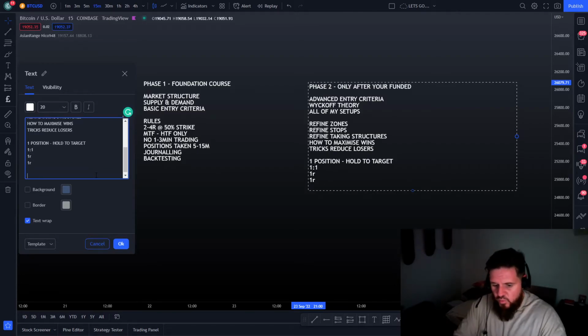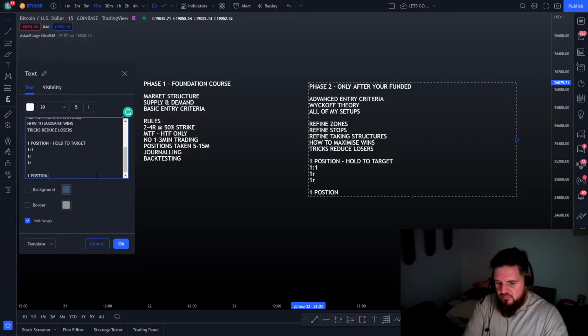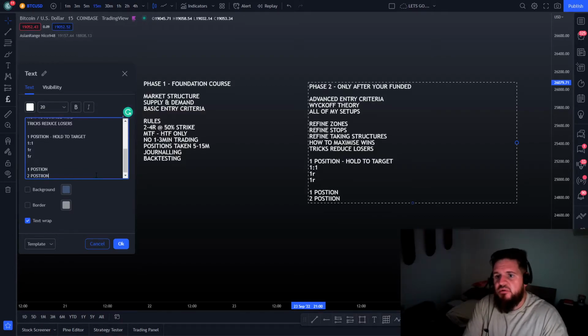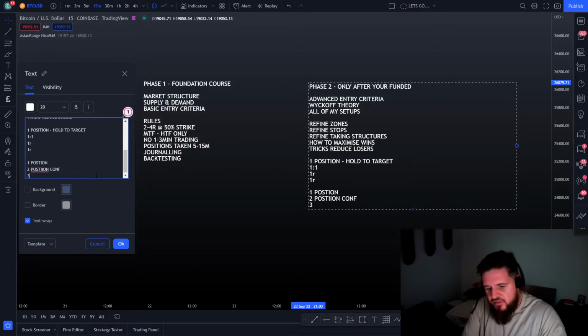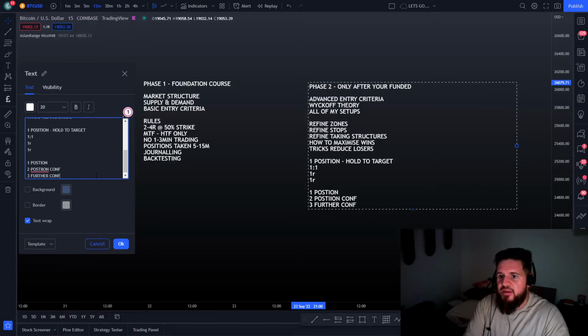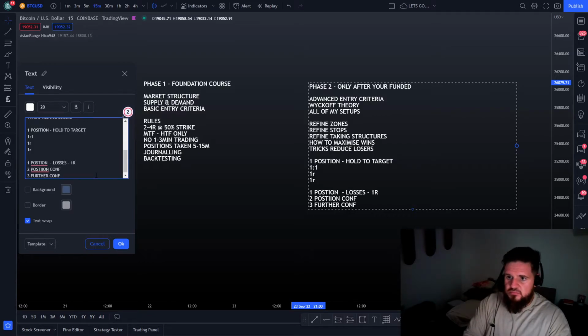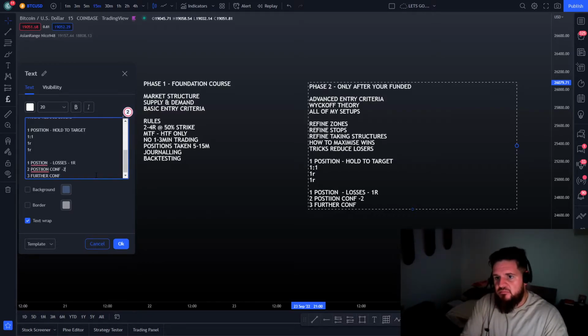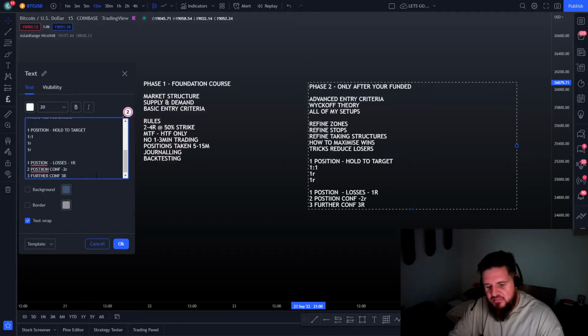I will take one position when I see a trade. Then I'll take a second position when I've got confirmation. Then I'll take a third position when I've got further confirmation. So if this first position loses, all I lose is 1R. But if these win, I get 2R and then 3R, and that's how you kind of maximize your wins.